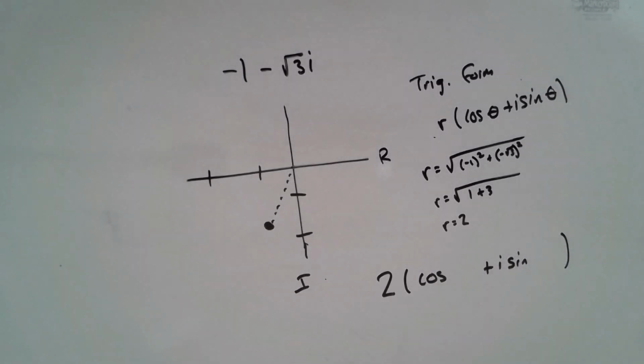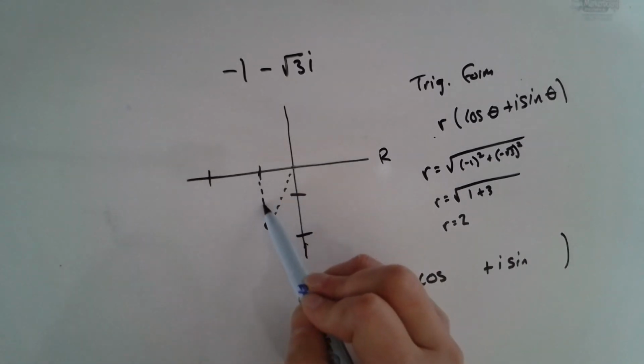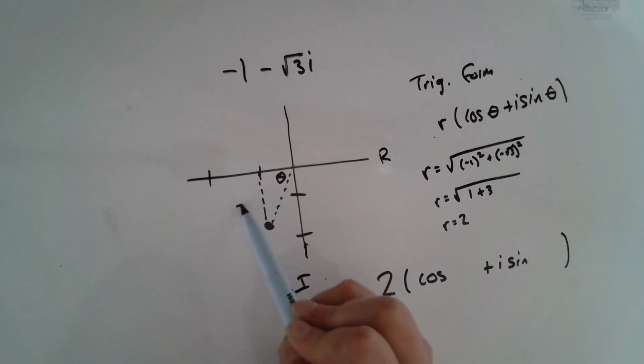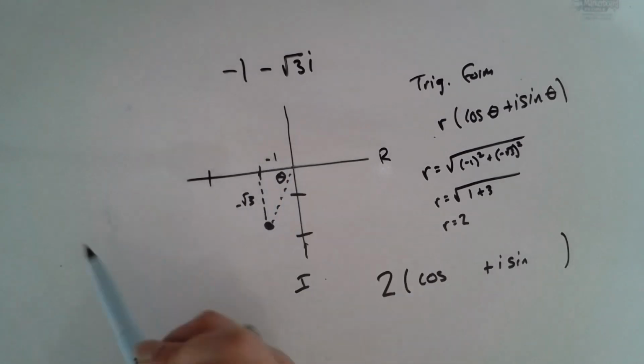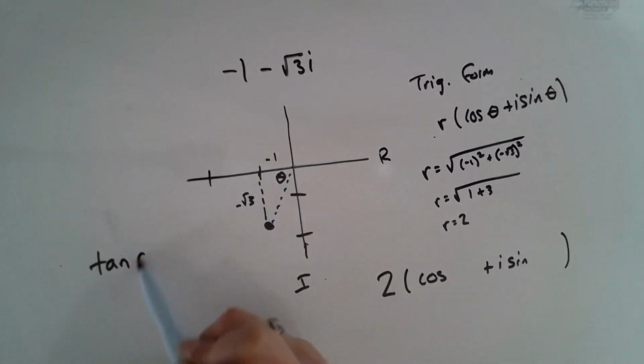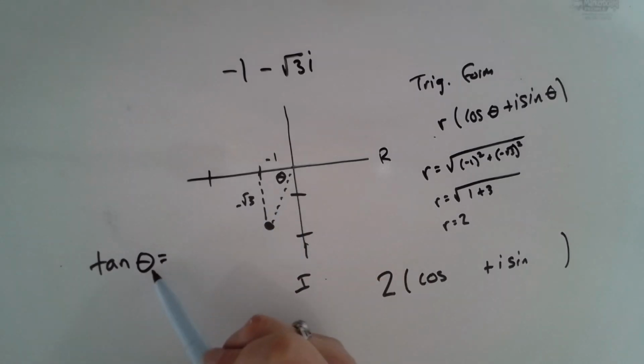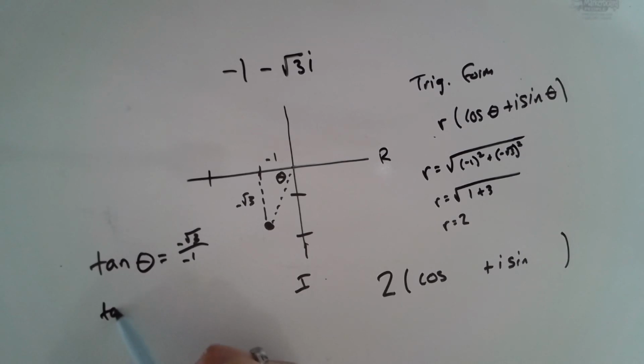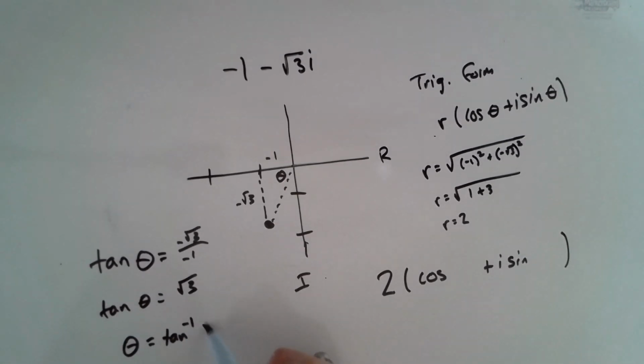We've got to find that angle. We know that this is negative square root 3, negative 1. So if I do tangent of theta equals opposite over adjacent, I'm finding tangent theta of square root 3. So theta equals tangent inverse of square root 3.